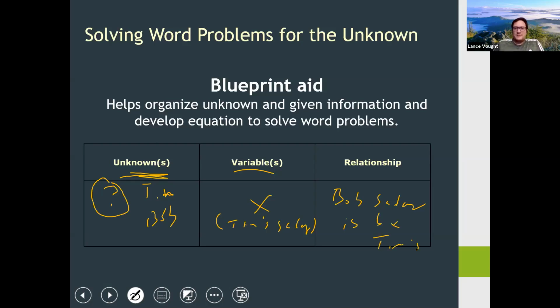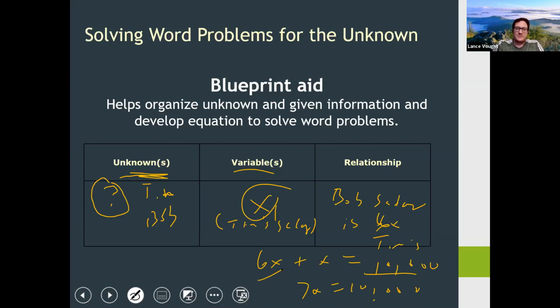So if we know that Bob's salary is 6 times Tim's, then we can do 6x, because it's a scalar and it's combined, plus x equals whatever it was, 10,000. And then we know 7x is 10,000. And since we've defined x as Tim's salary, when we divide this by 7, we get Tim's salary.